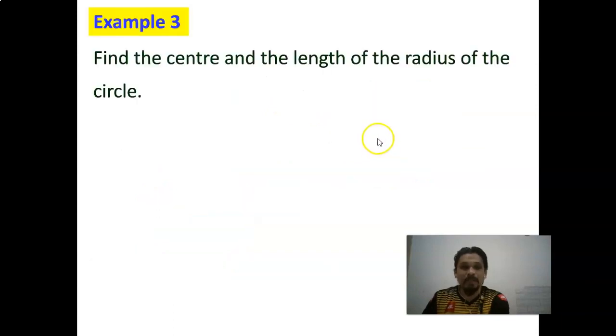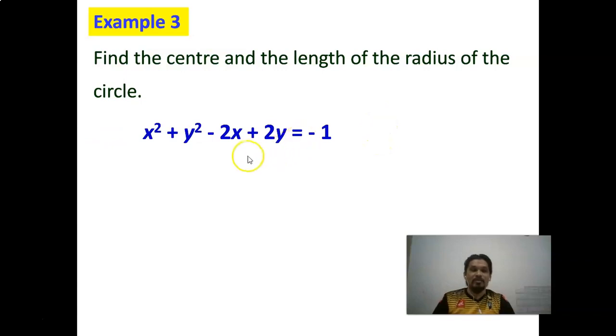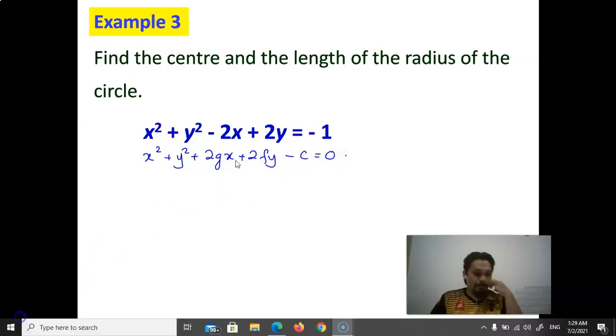Okay, example: find the center and the length of the radius of the circle. Look at this one here now. Just now, x squared plus y squared plus 2gx plus 2fy minus c equal to 0. Let's compare with this one.